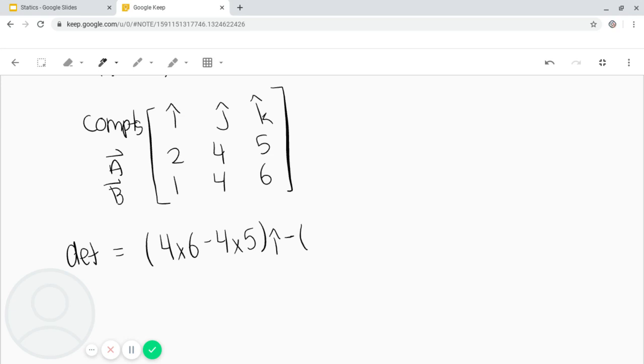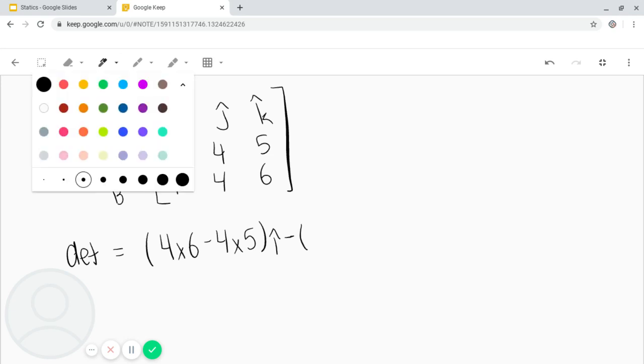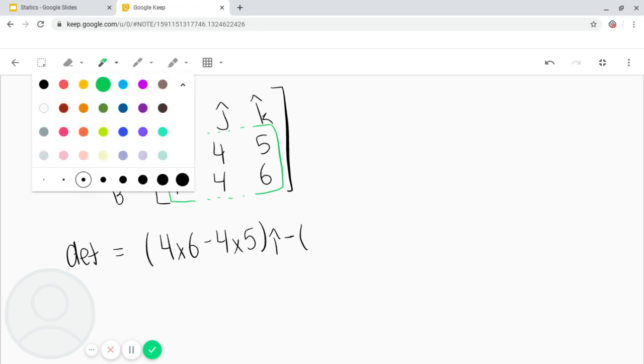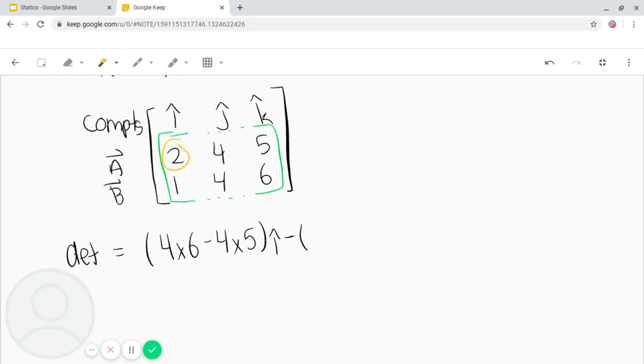And then we'll do J. So we'll do sort of the same thing, except we'll take out the J column. And we'll do 2 by 6 minus 1 by 5.